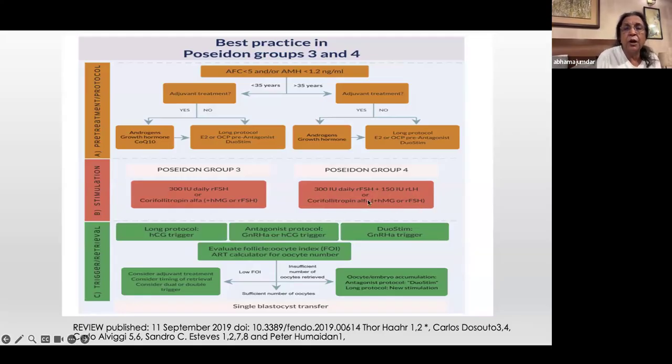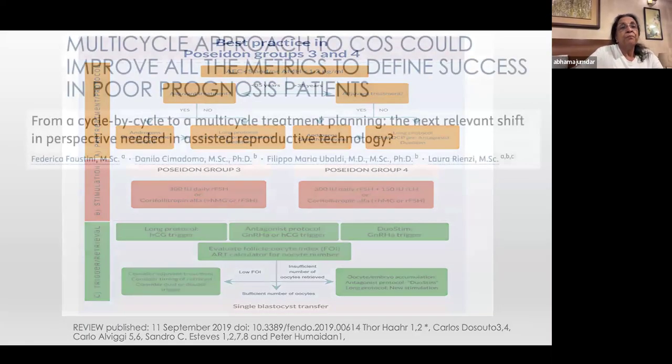When you are using recombinant FSH, you can combine it with HMG, or you can also give more FSH, because you might have to give in the later half of the cycle when you use a long-acting FSH, because the levels decline. But ideally, just look at this, that in the younger group, you may not add LH. In the older group, it is a must to add LH if they have low reserve. So the rest I'm leaving, because you know what trigger to give in which protocol.